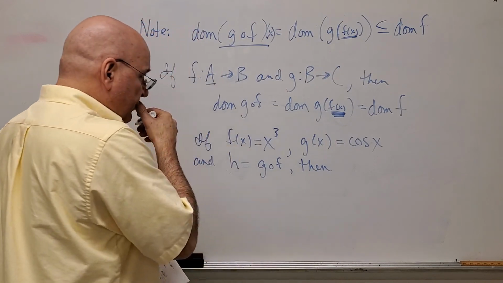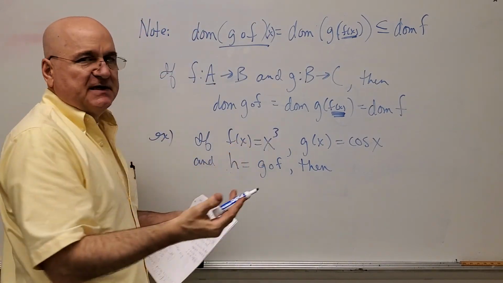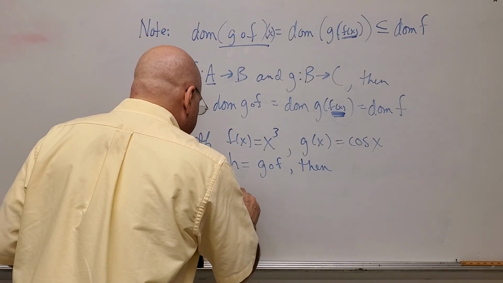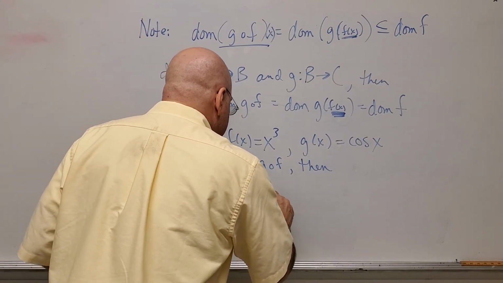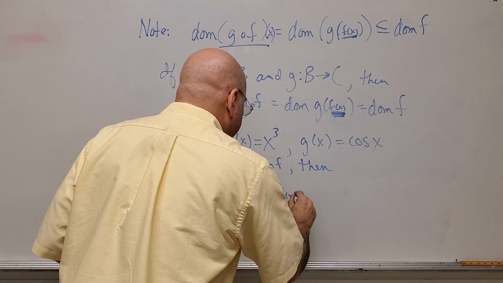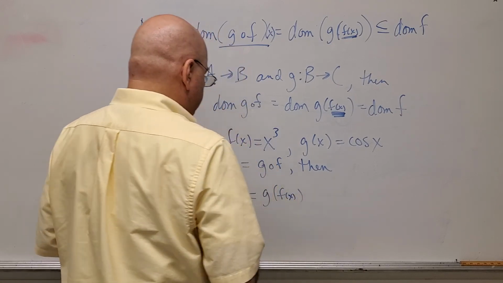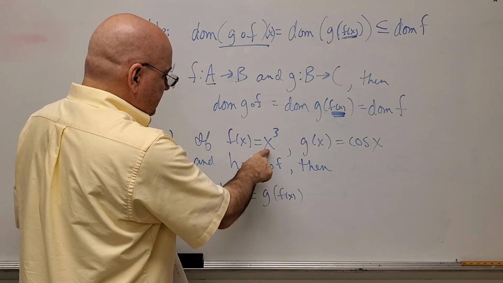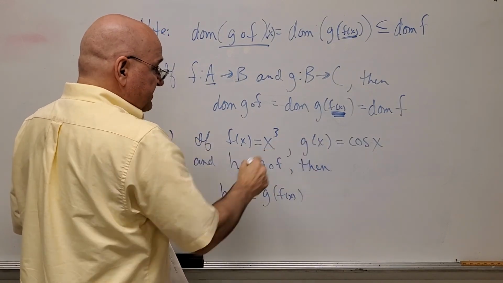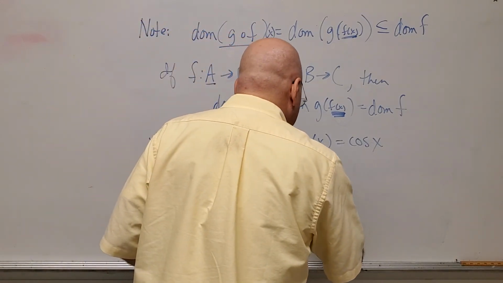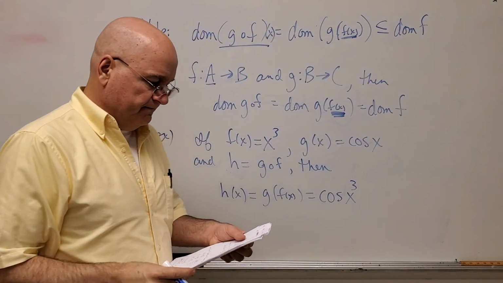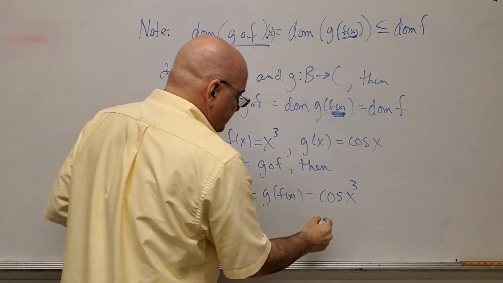Well, we know it's g composed with f, but we know f and g, so we can figure it out. So h of x is g of f of x. So now I know what f of x is. It's x cubed. I'm going to plug that into g of x. I'll get cosine of x cubed. So this is h of x.